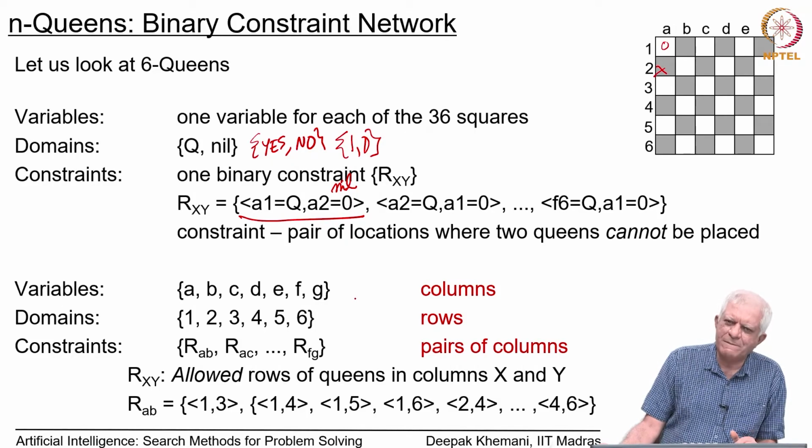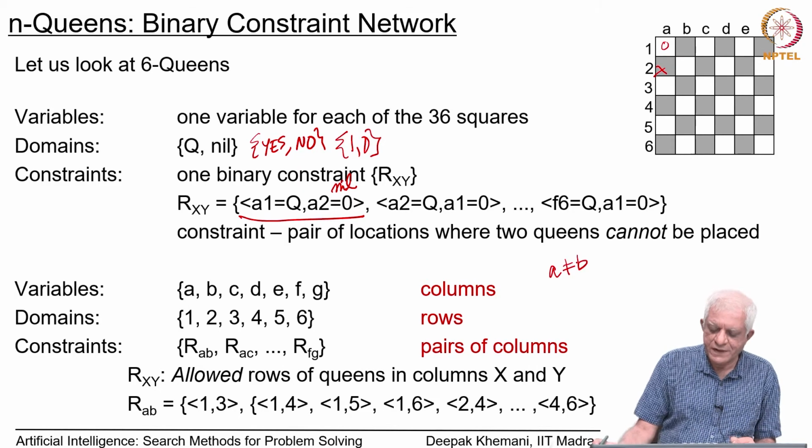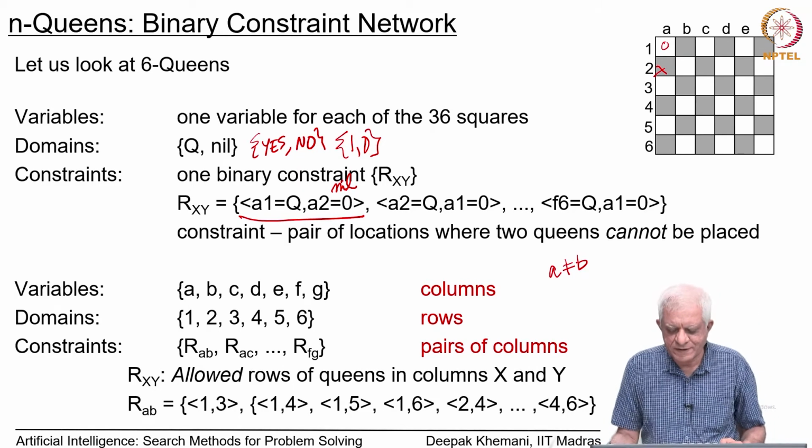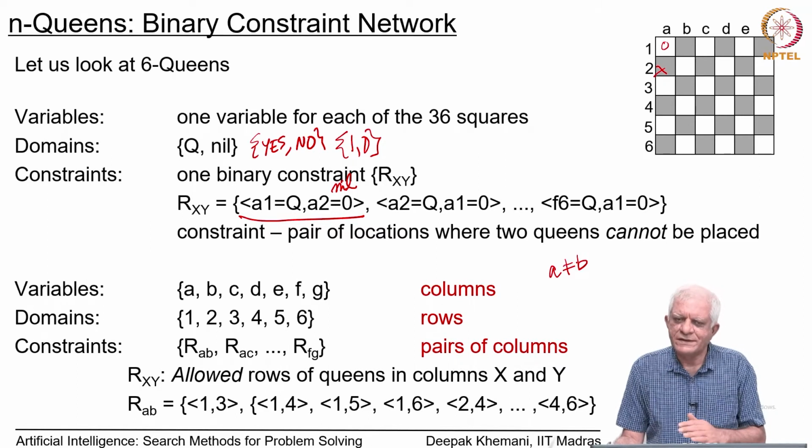And now we are talking about binary constraint networks. Now, obviously, we can do this in an intentional form. So, for example, you could say that A is not equal to B. In fact, you can say all different here and say that you cannot place 2 different queens, A and B, in the same row.